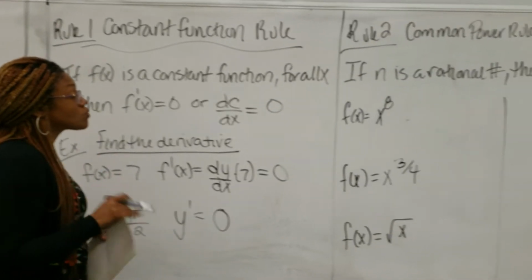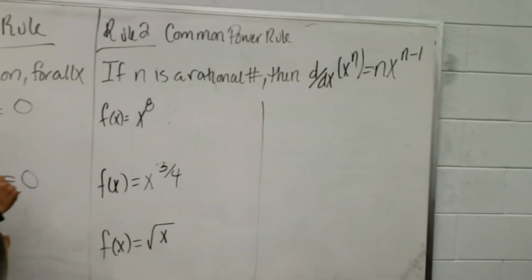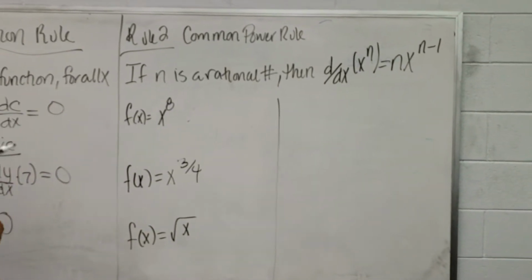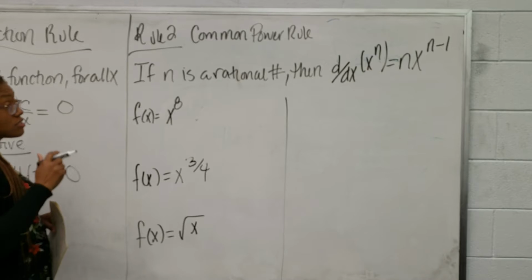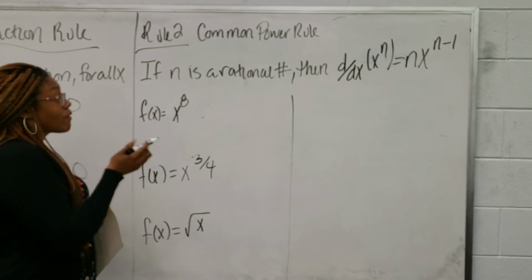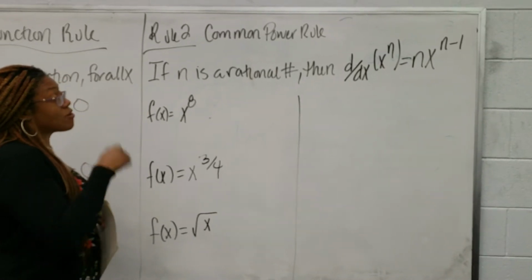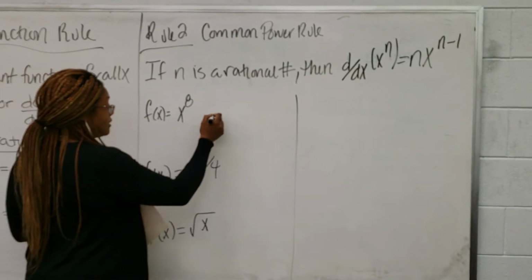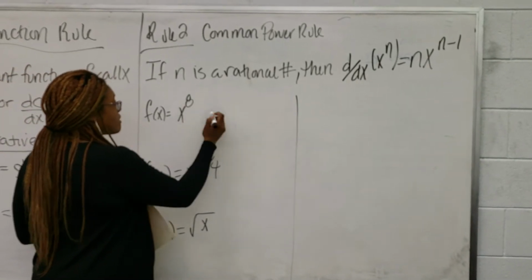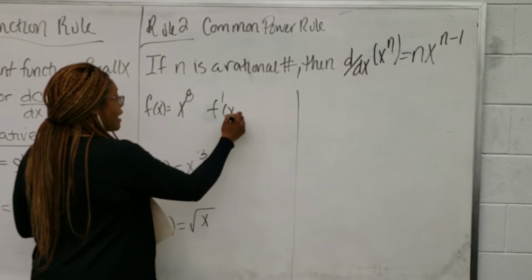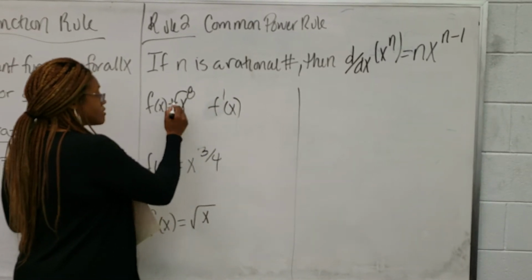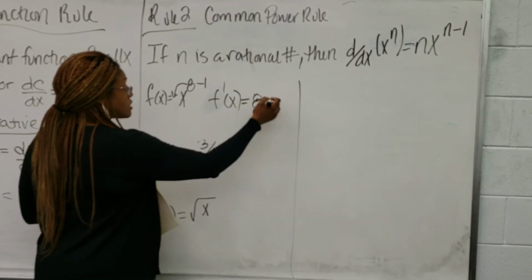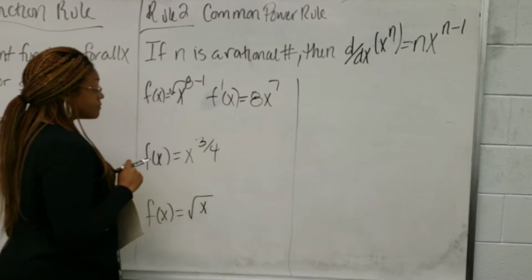Now, if we move to rule number 2, the common power rule. The power rule says that if you want to take the derivative with respect to x of x to the n exponent, the exponent comes to the front, and then we subtract that exponent by 1. So, for example here, if I want to take the derivative of this f of x, I would move my exponent to the front, which is 8, and then subtract 1, which will now be x to the 7th power.